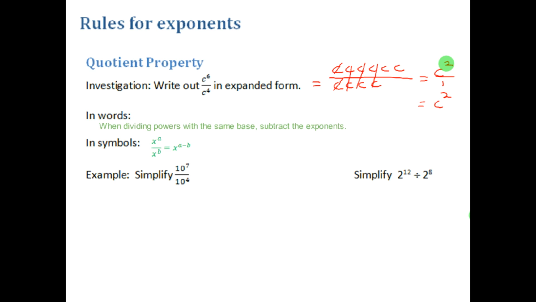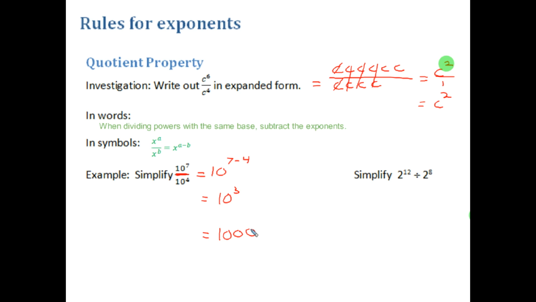Now realize with division you see this in a couple of different forms. Simplify 10 to the 7th over 10 to the 4th. Well, that's the same base and that's division. This fraction means division, so we can just do 10 to the 7 minus 4, and that gives us 10 cubed. If you wanted to evaluate this completely, 10 cubed is 10 times 10 times 10, which is 1,000.